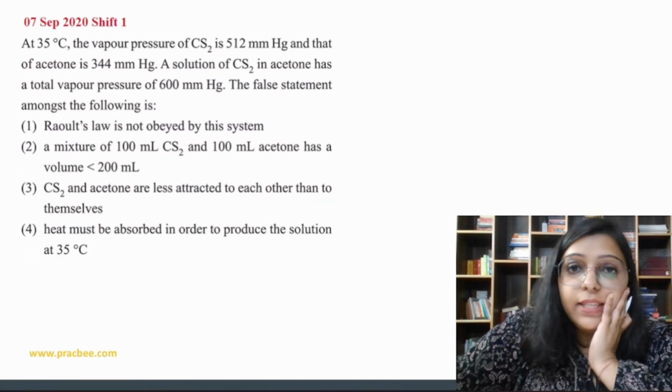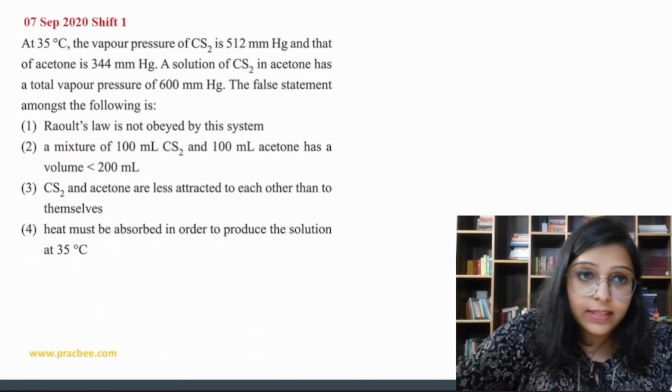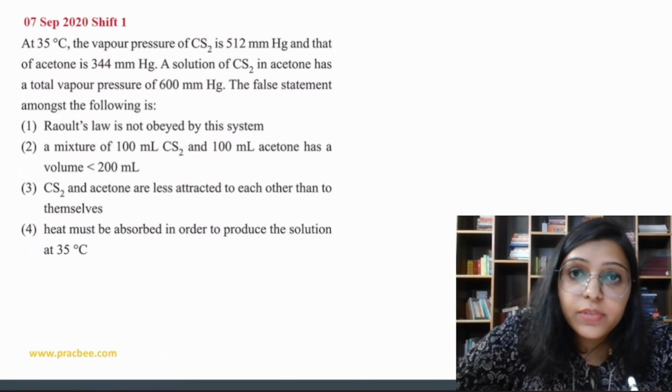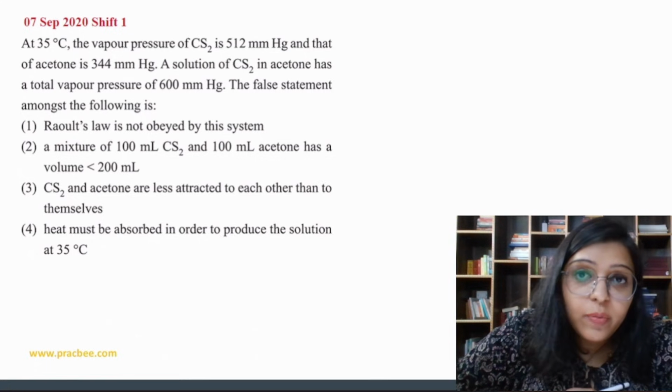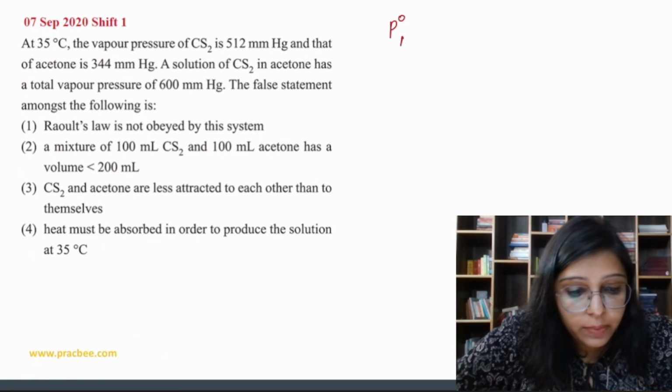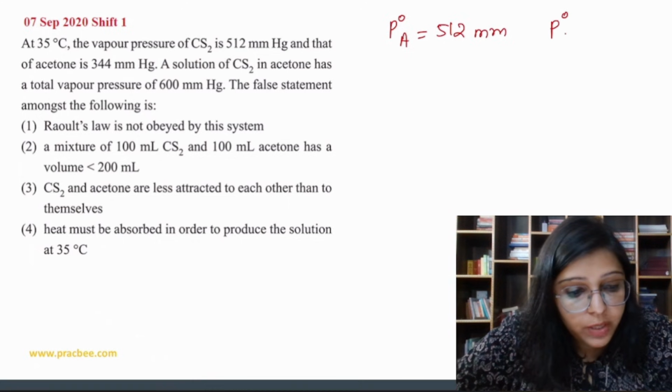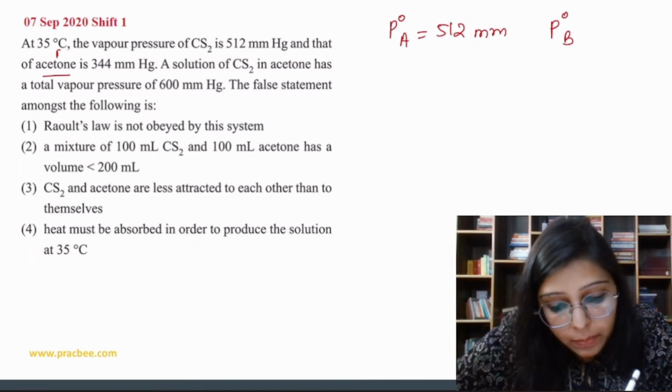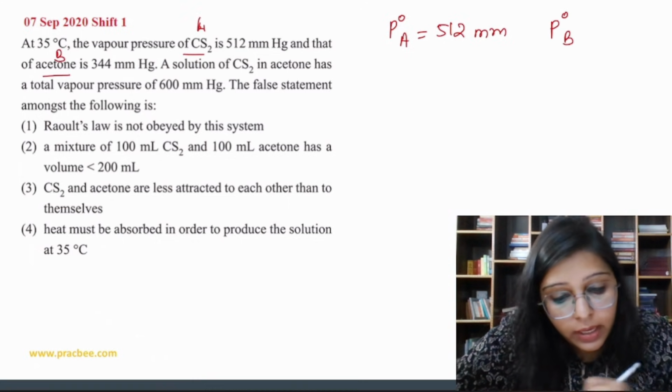At 35 degrees Celsius, the vapor pressure of CS2 is 512 mm of Hg. Okay, vapor pressure of CS2, that is P naught A, is 512 mm of Hg. And that of acetone, which is P naught B. Acetone I am taking as B and CS2 I am taking as A. Okay?